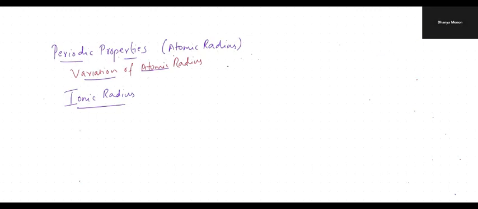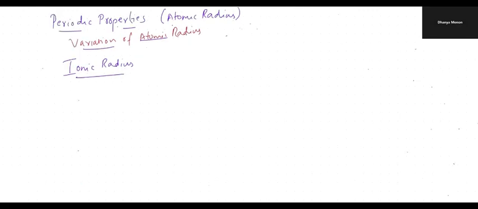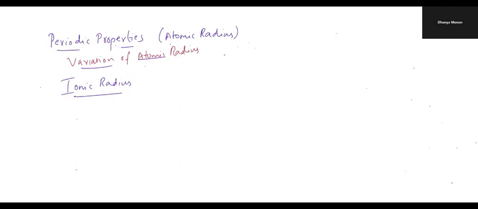Now, in case of any element, if it is losing an electron, it forms a positive ion. So this is a cation. And if any element is gaining an electron, it will form an anion, right?